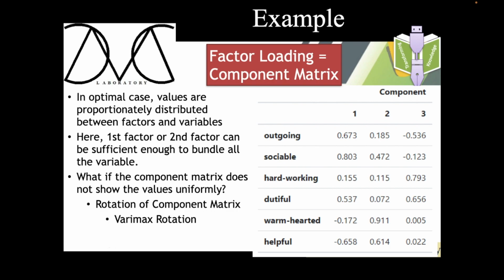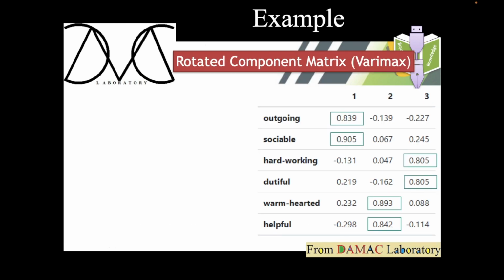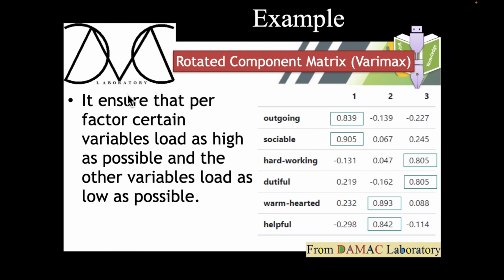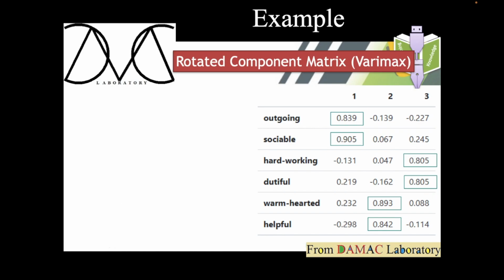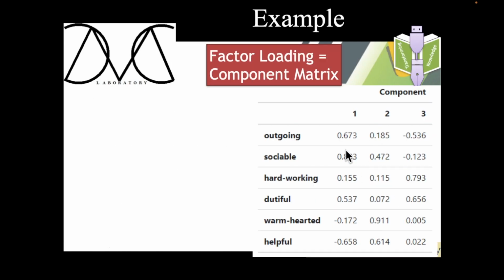If you do the rotation on the component matrix, what you get is this, where the main aim is to ensure that per factor certain variables load as high as possible and the other variables load as low as possible. Before this rotation, if you look at the component matrix, the values are still similar.